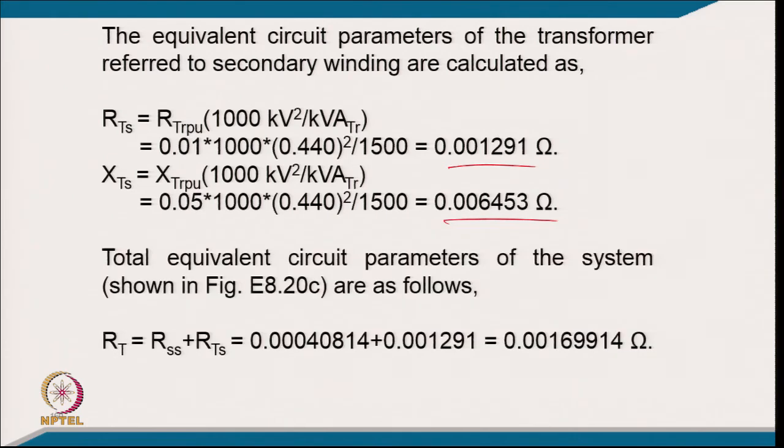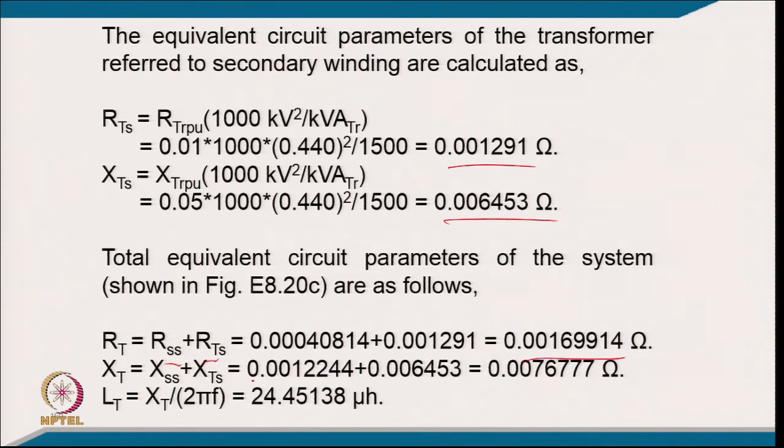and the total equivalent circuit parameters of the system shown in that figure: the feeder resistance plus the transformer resistance on the secondary side comes 0.00169914 and the total reactance is calculated as 0.00767, and the inductance of this will be 24.45138 microhenry.